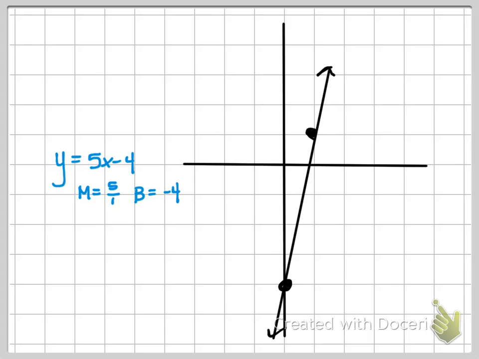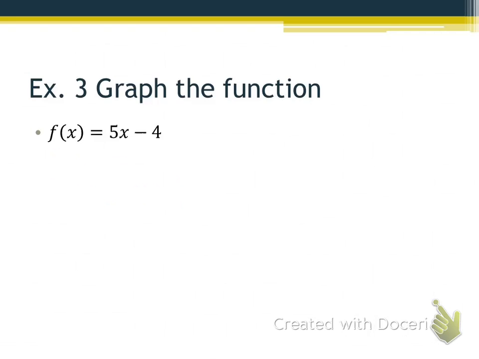And that's how you would graph an equation in function notation. All you've got to do is replace the f of x with y, and then make sure it's in y equals mx plus b form to graph. And that's how we would do function notation.